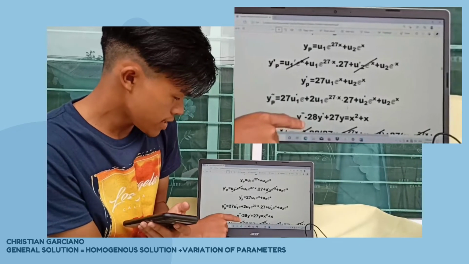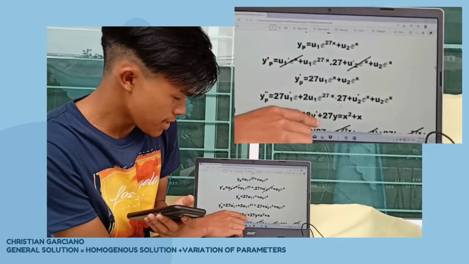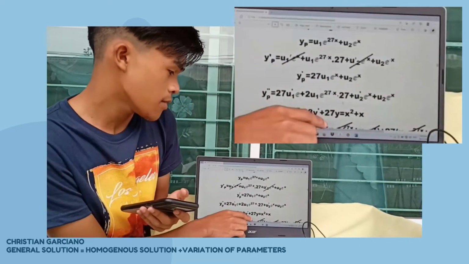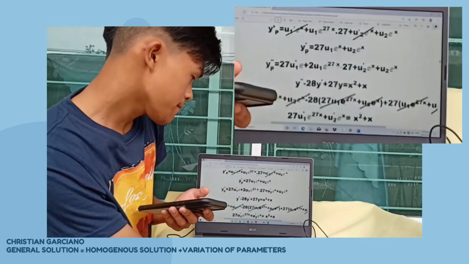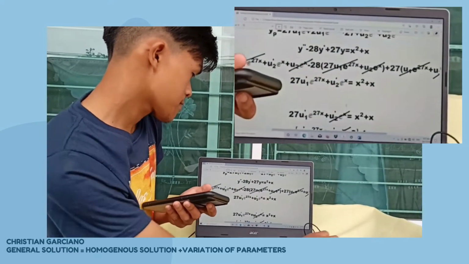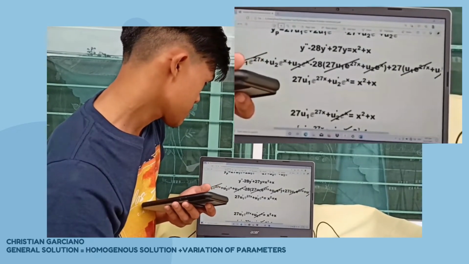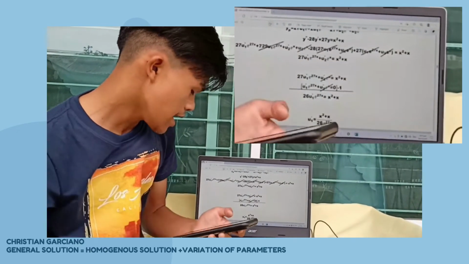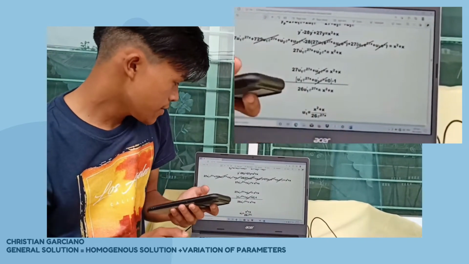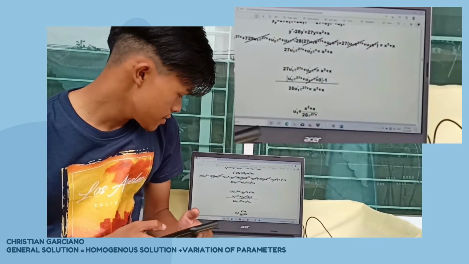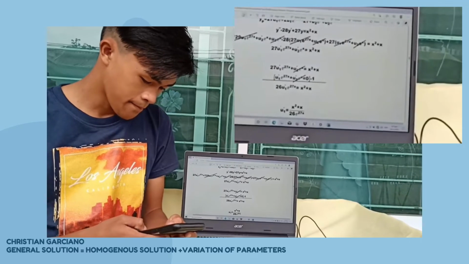So the answer is y double prime minus 28 y prime plus 27y equals x squared plus x. And now we will differentiate this using the product rule.